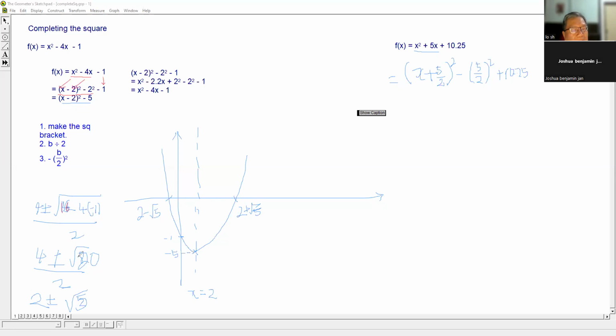Wait, I write down the correct one first. Okay, this is 5. Okay, let me see. You don't expand anymore. You expand, then you get back the original one.